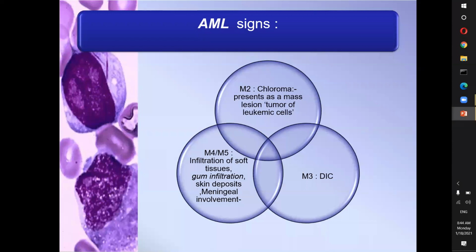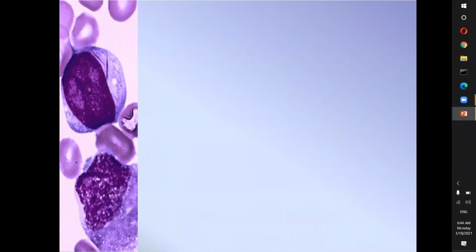And in AML M3, there is a specific sign, and this is the most important subtype of acute leukemia, AML M3. This results in three letters, DIC, disseminated intravascular coagulation. This is a picture of gum hypertrophy.